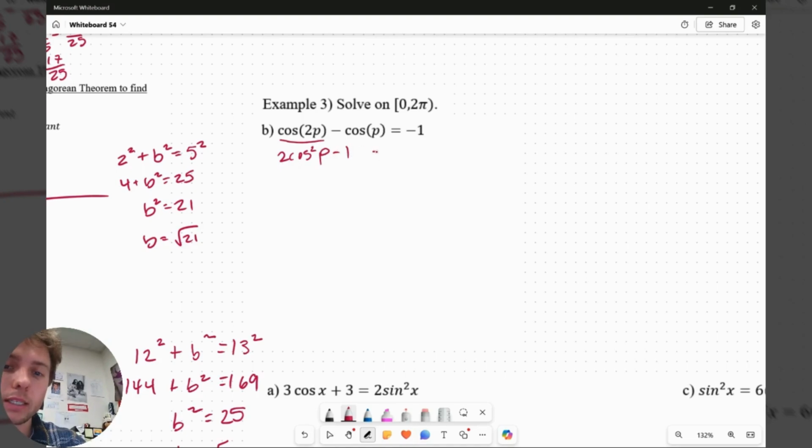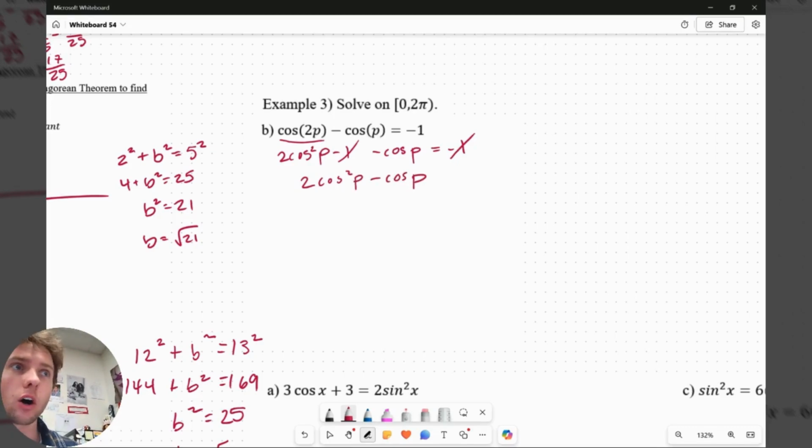Okay, that's just replacing this part with an identity we looked at earlier. Okay, but by doing that now, these are still just cosines, which are good. But if I add this 1 over with that one, those 1's end up canceling. So 2 cosine squared p minus cosine p is all we are left with.